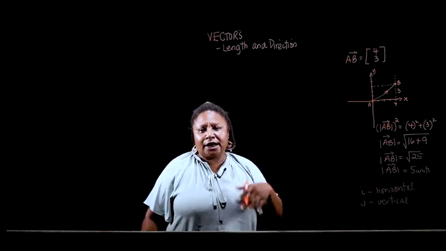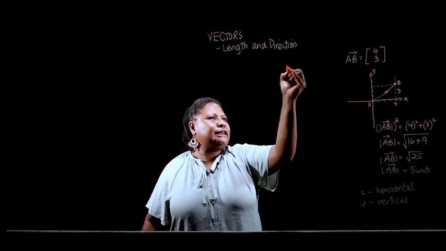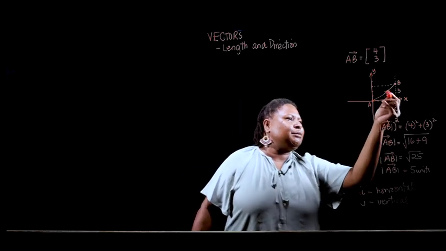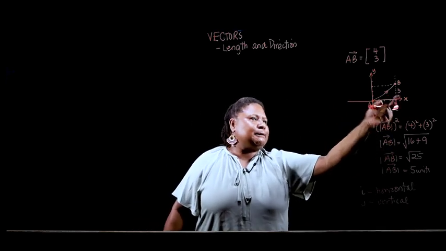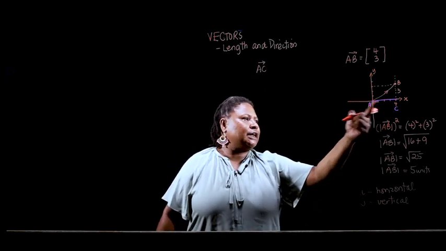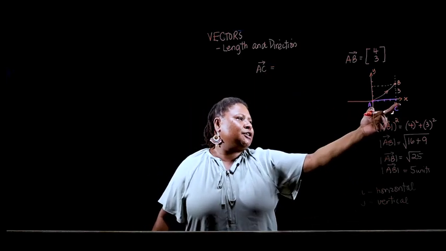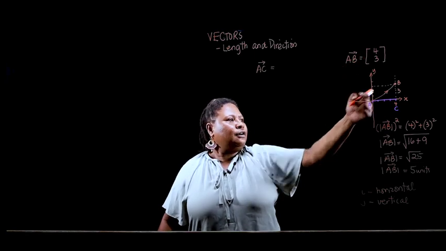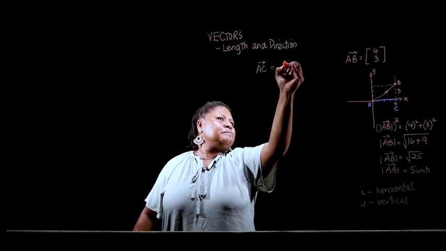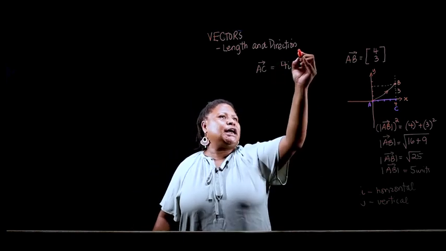Now, if I were to rewrite vector AB using the unit vector instead of the x and y component, let's say this vertex is C, and maybe this will help us. AC is also a vector, a line going in this direction, and that is the horizontal of the triangle used here. So AC is 4i, or 4 multiplied by the unit vector.